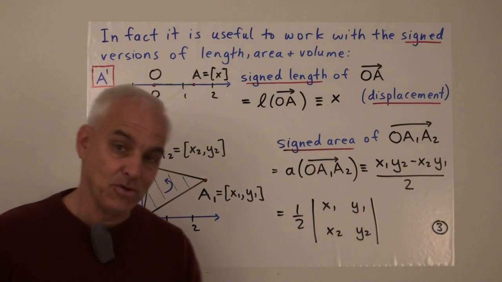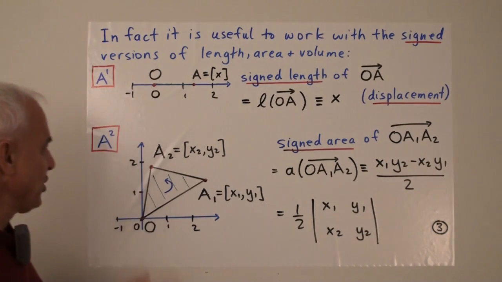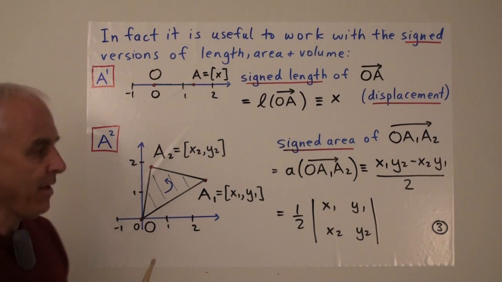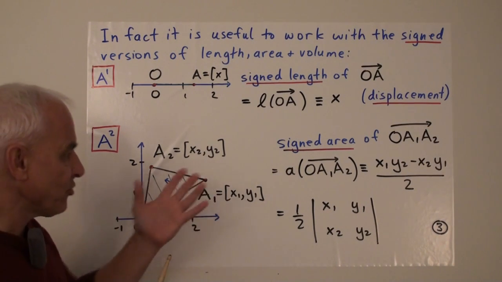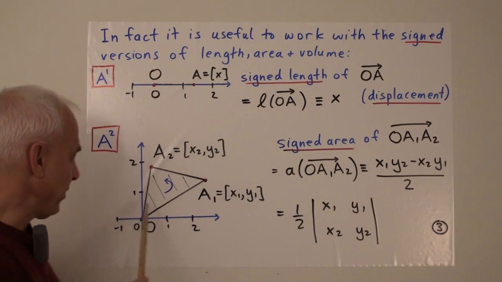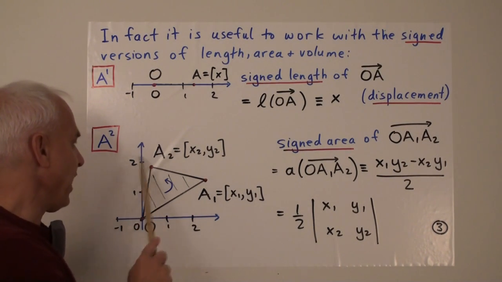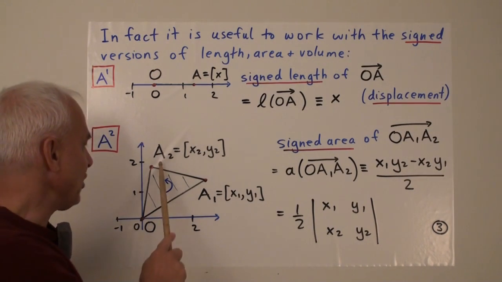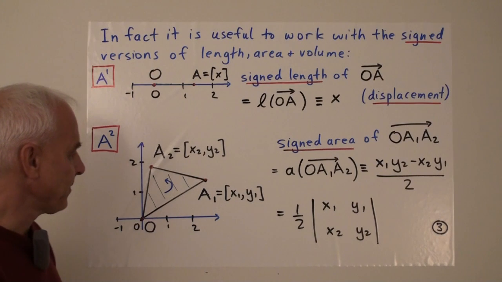So now let's look at the two-dimensional situation. So we'll consider the analog of a segment, which is a triangle. And for convenience, we'll translate the triangle so that one of its vertices is at the origin O. So here is the triangle O, A1, A2. And we'll suppose that A1 is the point (x1, y1), and A2 is the point (x2, y2).